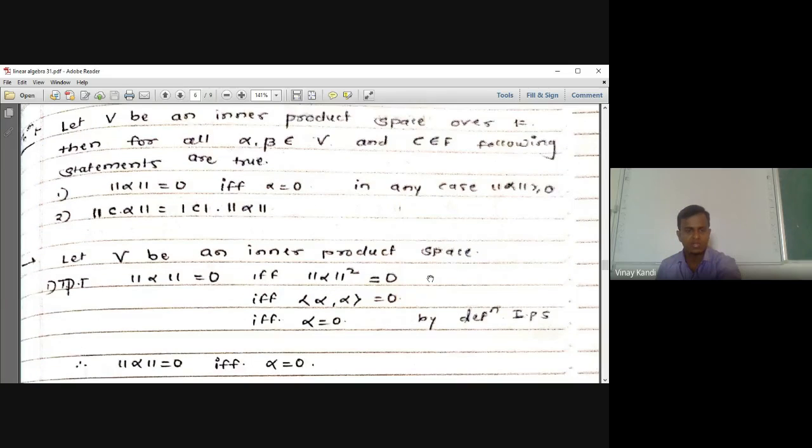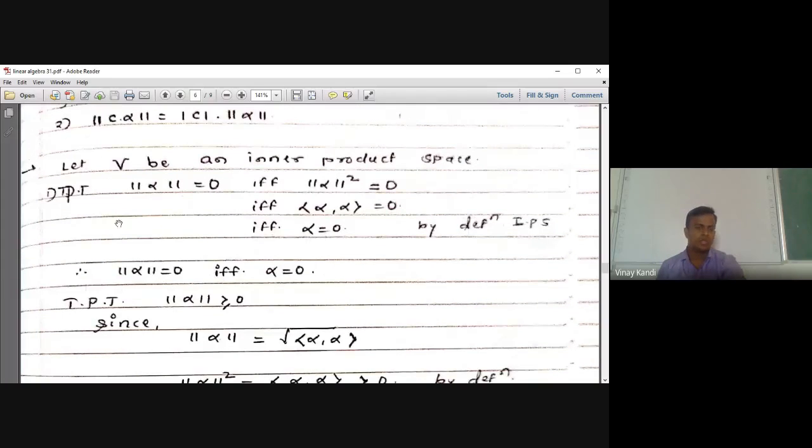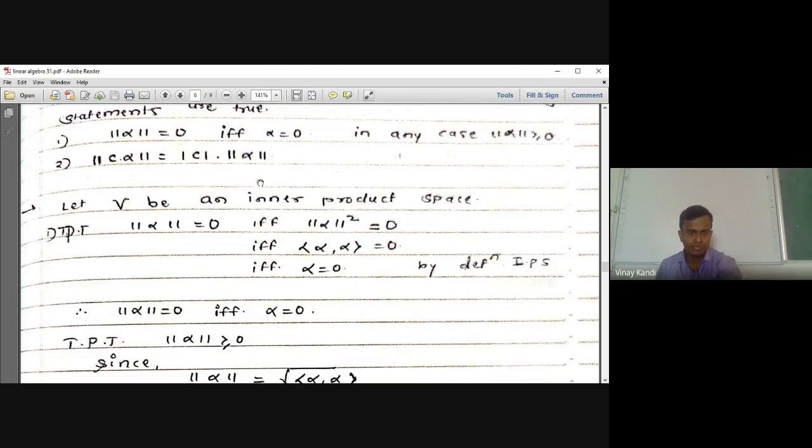Now, to prove that norm of alpha is equal to 0 if and only if alpha is equal to 0, we have to prove this statement. Assume norm of alpha is equal to 0.